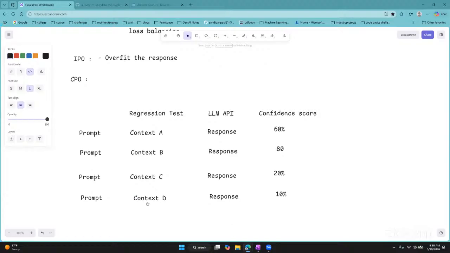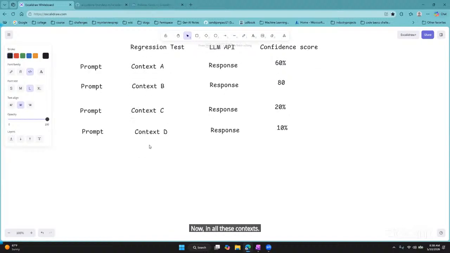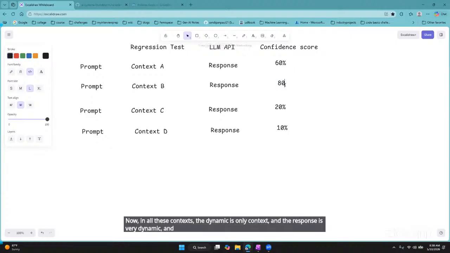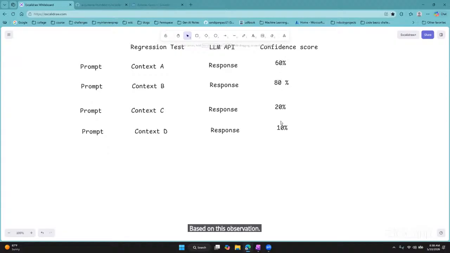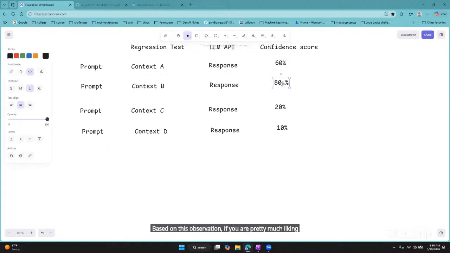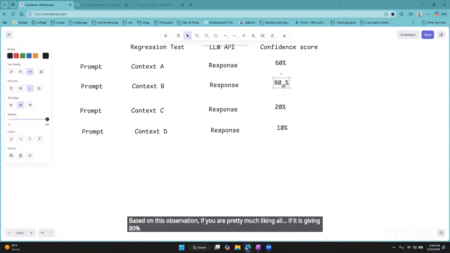Now, in all these contexts, the only dynamic part is the context and the response is very dynamic, and that's where your scores are very different. Now, try to understand why you achieved 80%. Based on this observation, if you are liking that it is giving 80%, then you understand why it is giving 80%, and then you have some feedback.